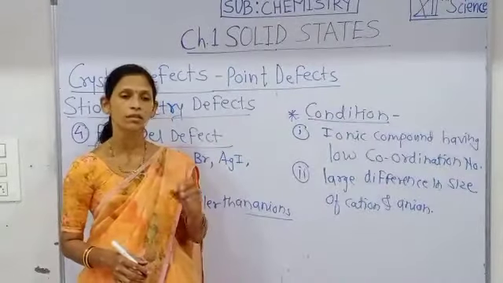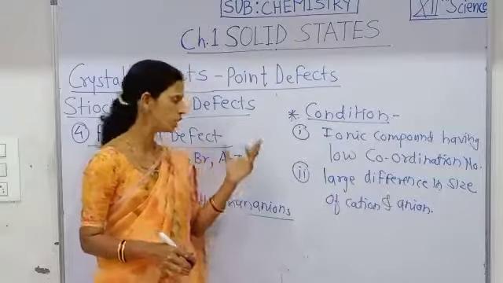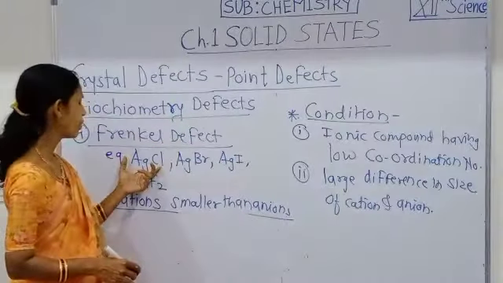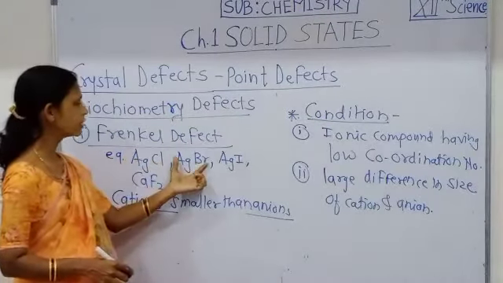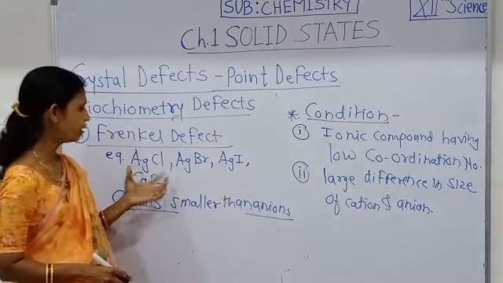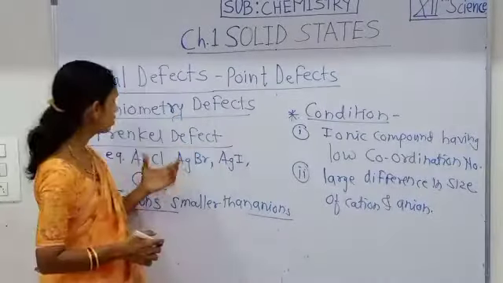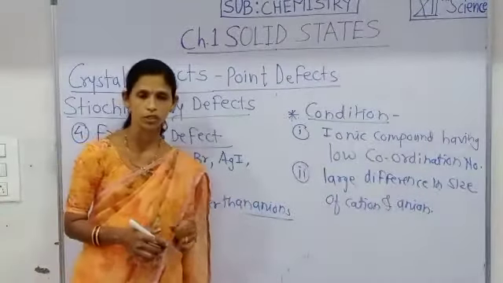That type of defect is found in compounds like silver chloride, silver bromide, silver iodide, and calcium fluoride.